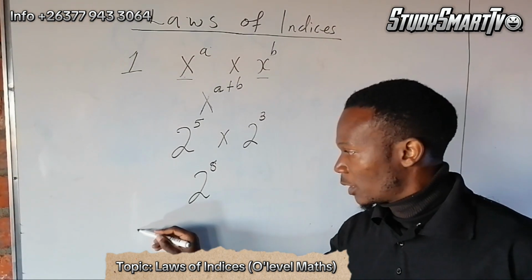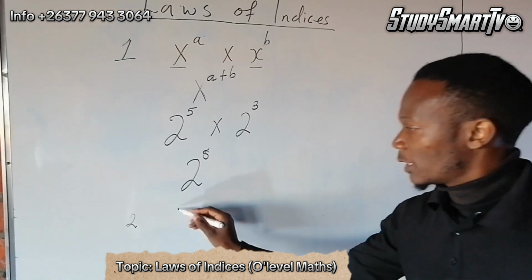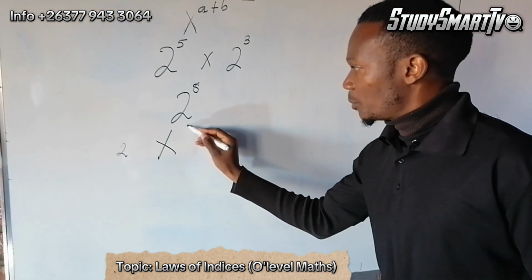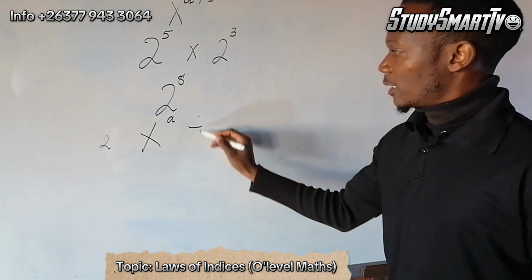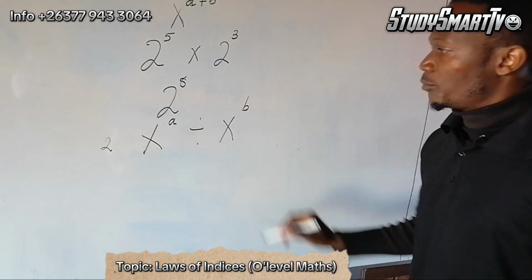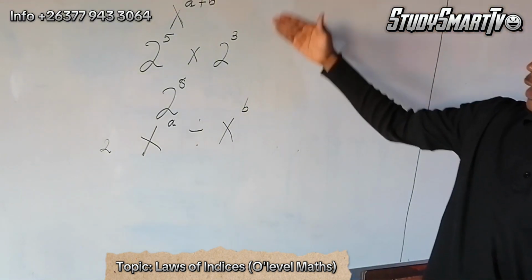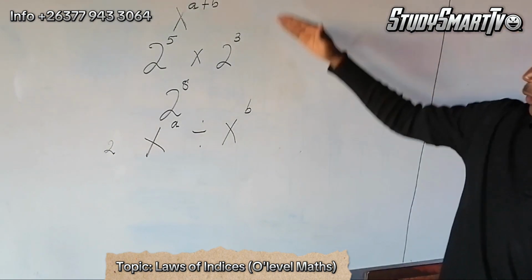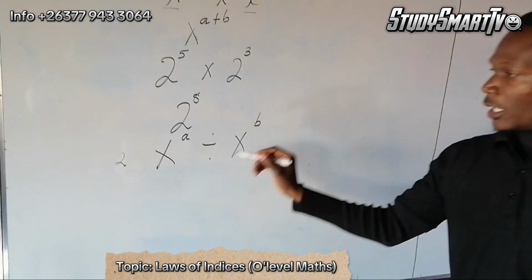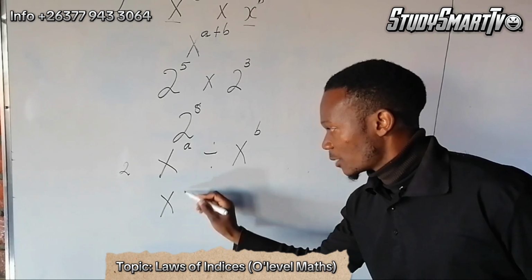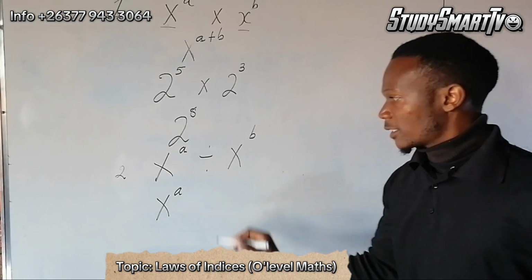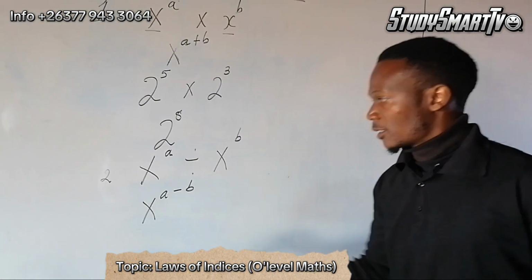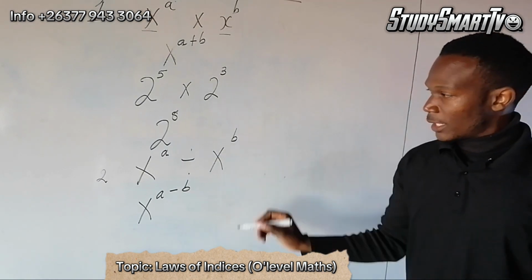Then we have another law which says x to the power a divided by x to the power b. So this is more like the opposite of what we have been doing in the first law. Here we have to subtract our powers, so it will be x to the power a minus b. Let's look at an example.